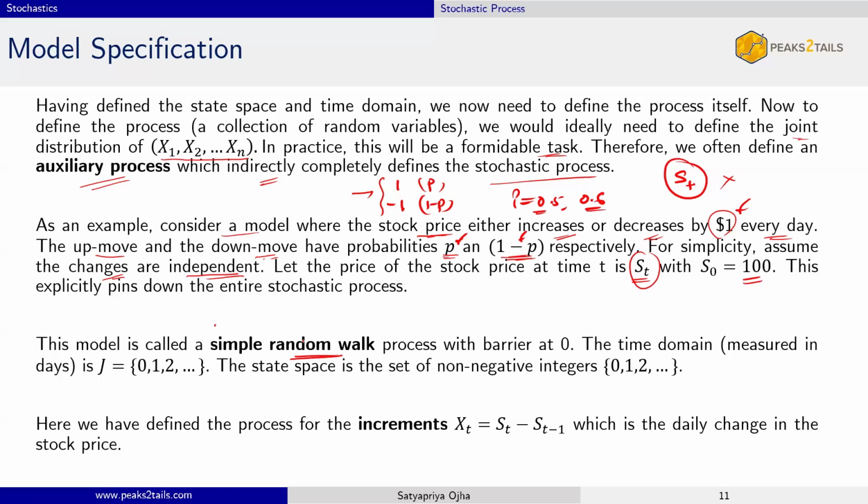Only two states. If you want something random, then if you have only two states, it becomes random. And the associated probabilities: state 1, state 2, plus 1 with probability p, minus 1 with probability 1 minus p. It's a random variable, correct? That's why it is simple.